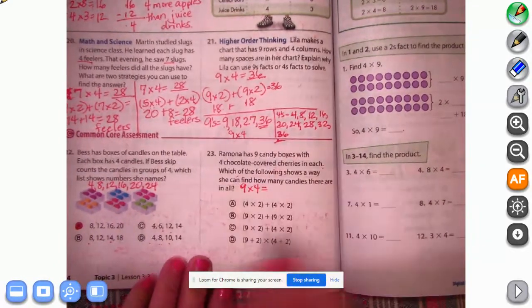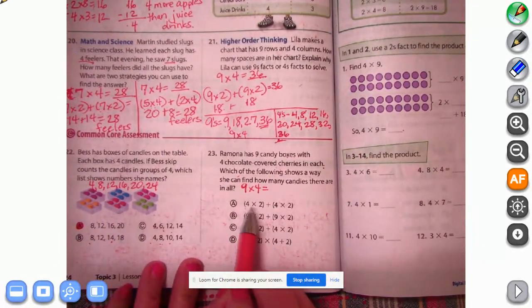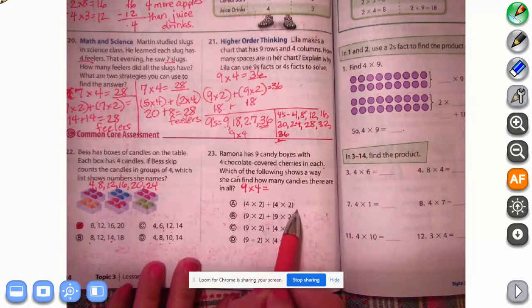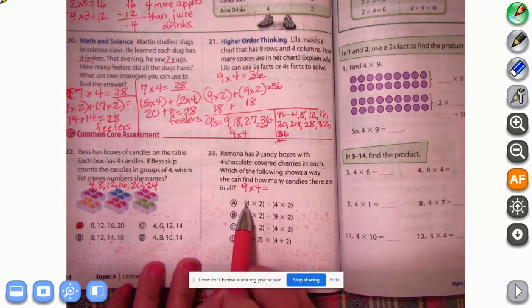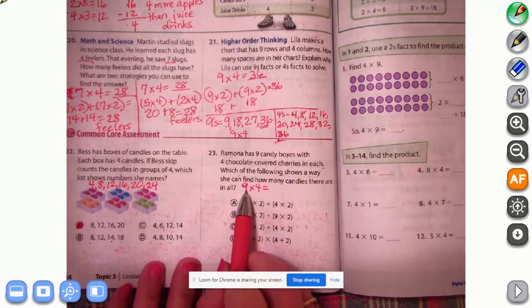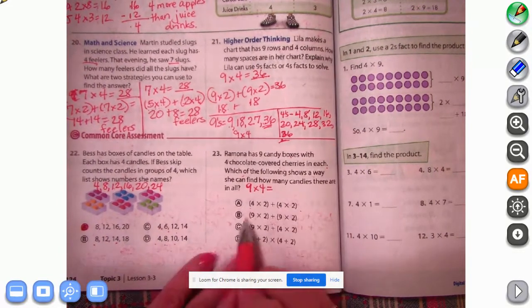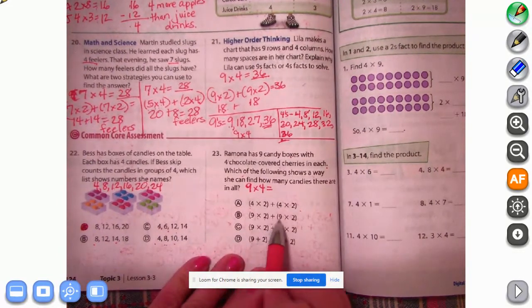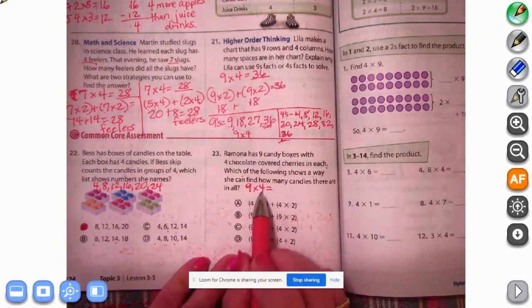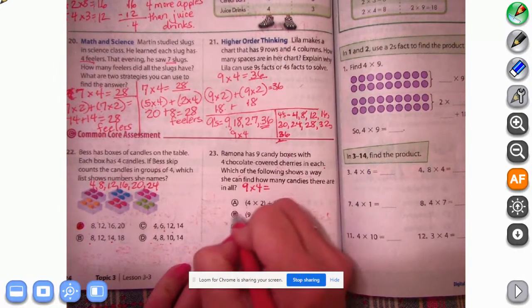All right, so she broke it up into a 4 times 2 plus a 4 times 2. Let's look at that. 4 plus 4 would have to be 8, and it's 9. So it can't be A. Let's go to B. 9 times 2 plus 9 times 2. The 9 stayed. 2 plus 2 is 4, so that would work. Could do that one.